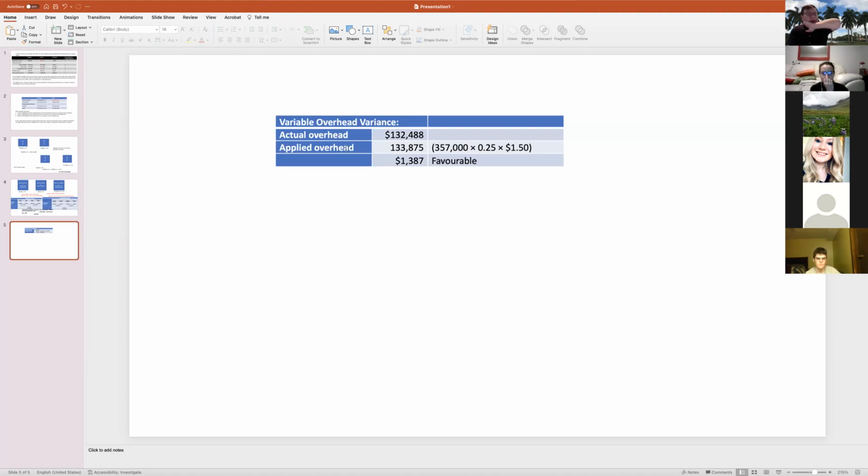Applied overhead, you use the actual level of activity times 0.25 labor hour per unit and times $1.2 per hour.